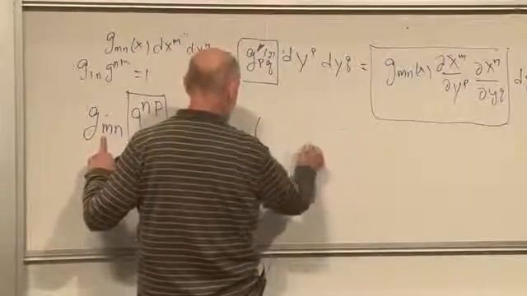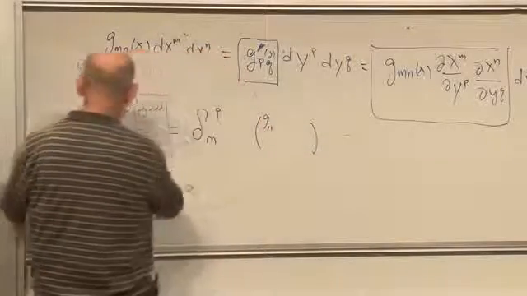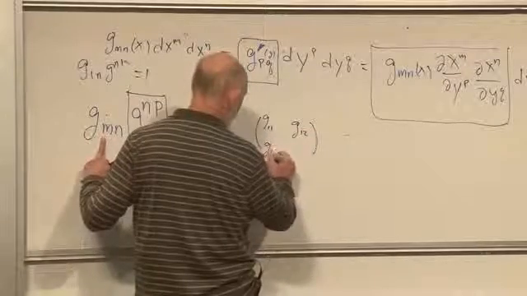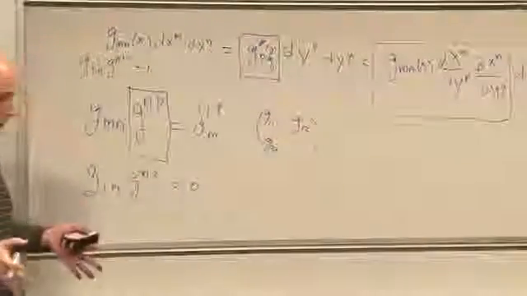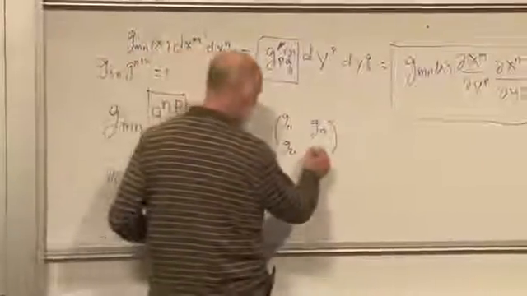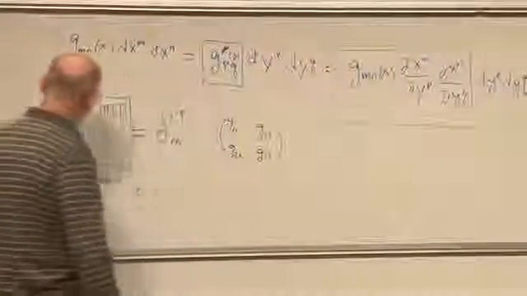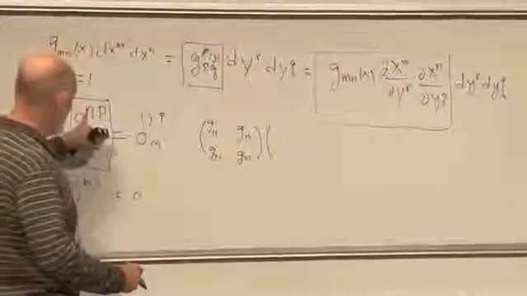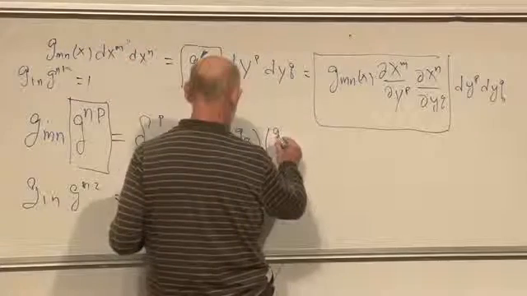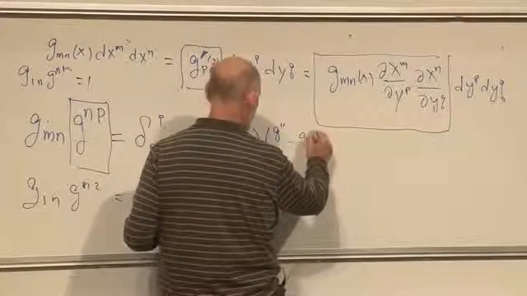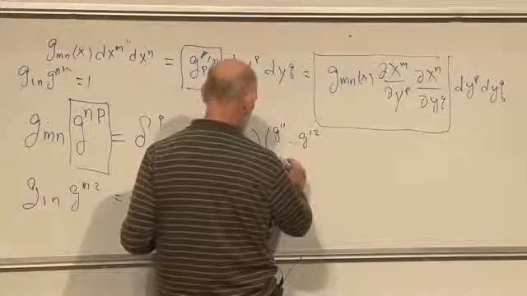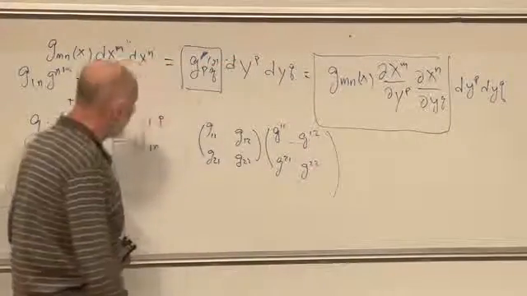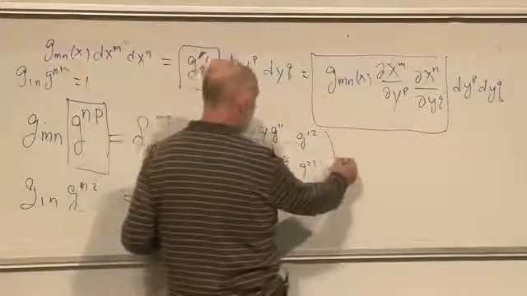We start with a matrix which is G11 with lower indices, G12, I'll call it 21, but G21 is the same as G12, and G22. That's this matrix. Now we multiply it by another matrix whose indices are upstairs, and this is G11, G12, G21, G22. Let's multiply it.